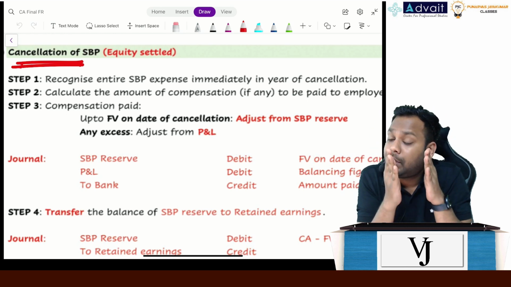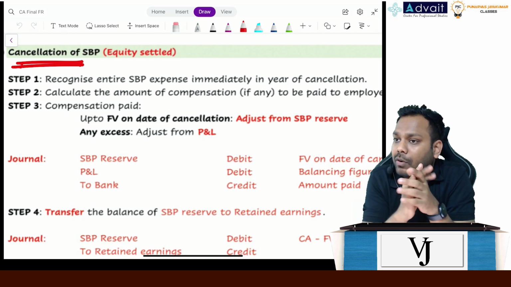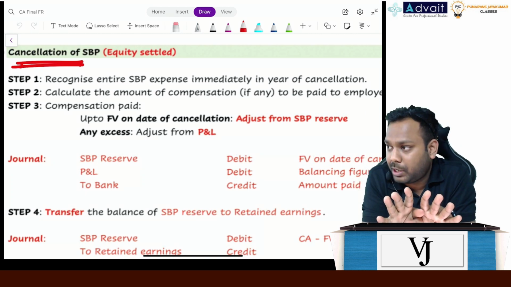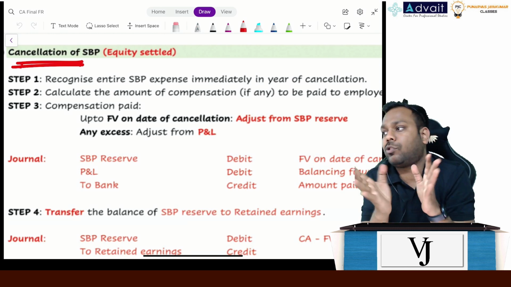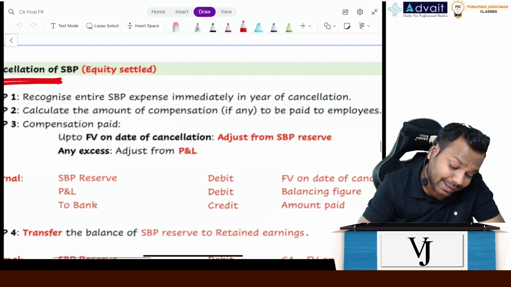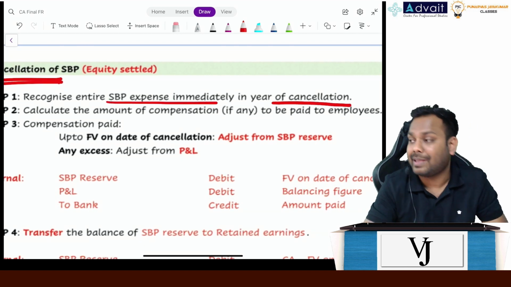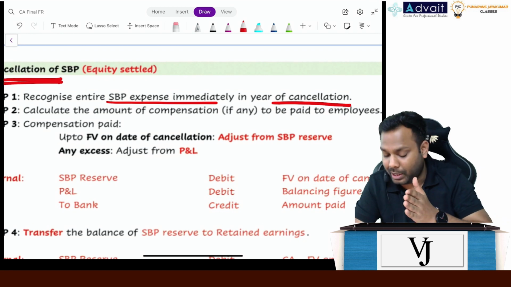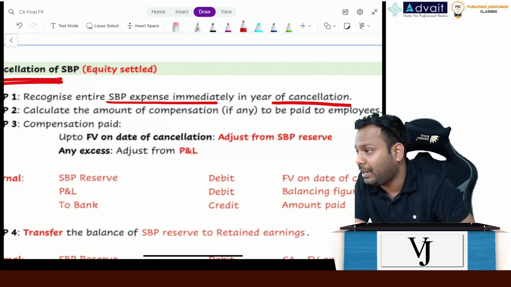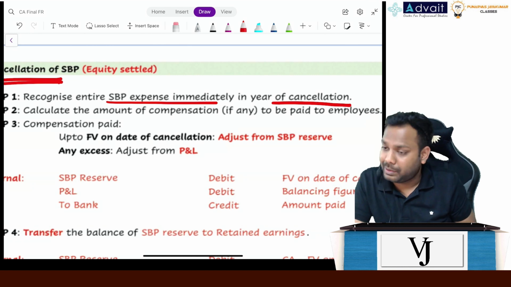It says on the date of cancellation, first book all the remaining expense. Recognize entire SBP expense immediately in the year of cancellation, whether you are cancelling in the first year or the second year. First book the entire remaining expense, then cancel from there.